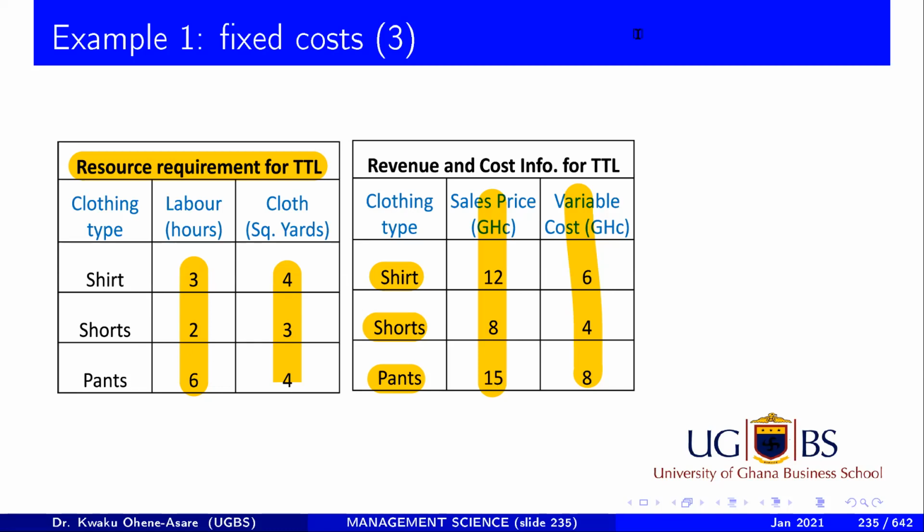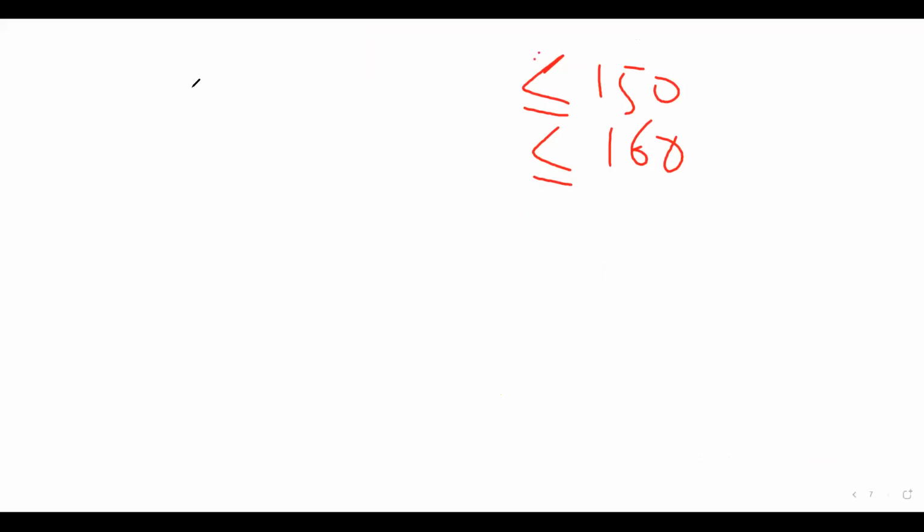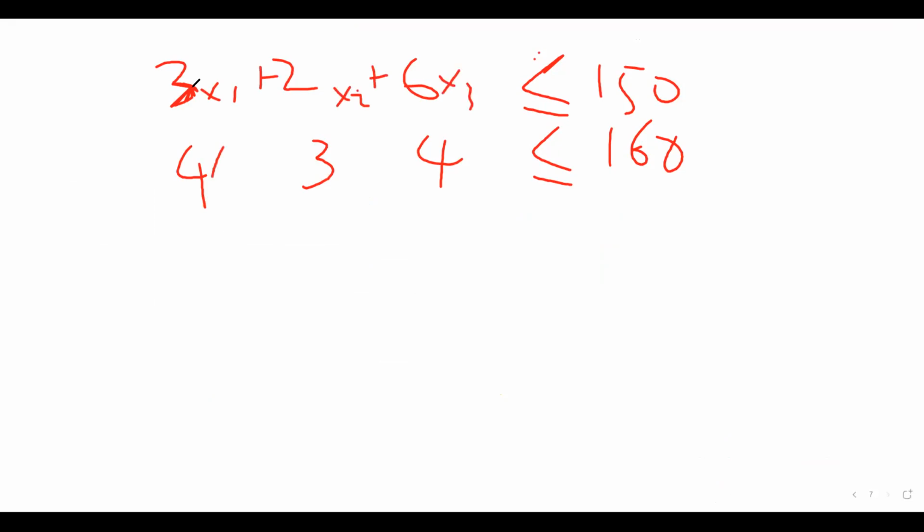So 3, 2, 6, we document that: 3x1, 2x2, 6x3. And then the other one is 4x1, 3x2, 4x3. So these are your constraints.